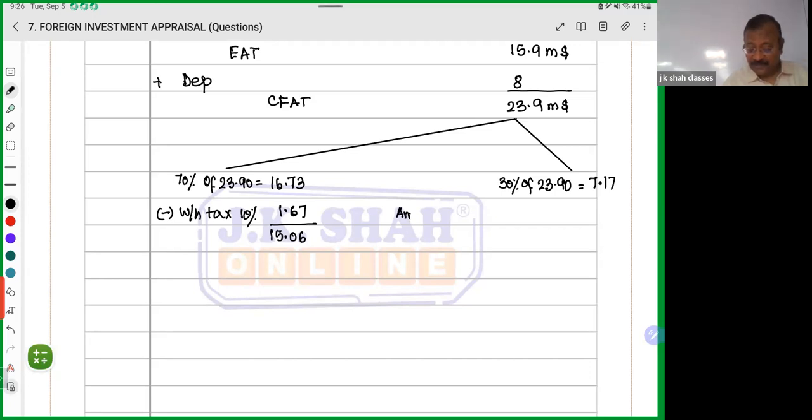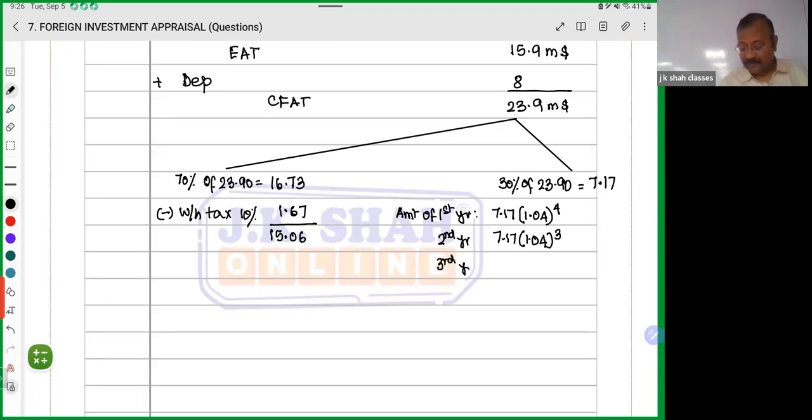That means the amount of first year will be 7.17 into 1.04 raised to the power 4, right? Amount of second year 7.17 into 1.04 cubed.